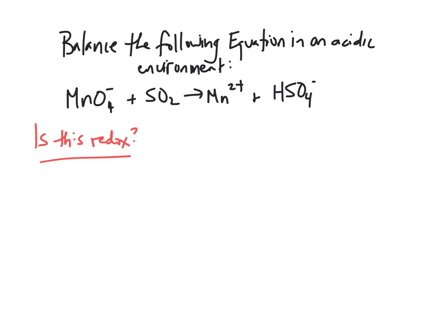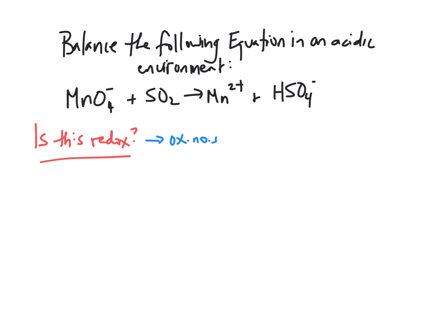So, obviously it is a redox reaction, but I want you to be ready to encounter any regular reaction, or be able to pick a redox reaction out of the mix if you're randomly given it on an exam or something. So we first have to just establish, is it redox? How do we do that? Remember, we use oxidation numbers. So we're going to assign oxidation numbers. If they change for any atom from the left side to the right side, that's indicative that this is a redox reaction. So let's go ahead and assign those.